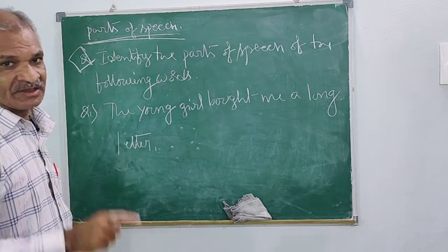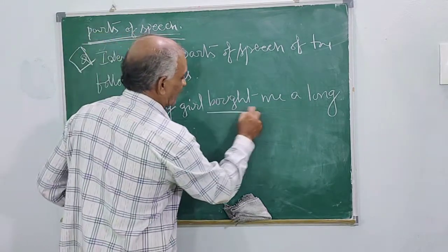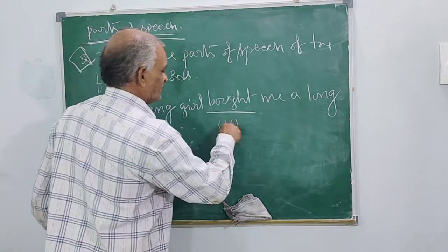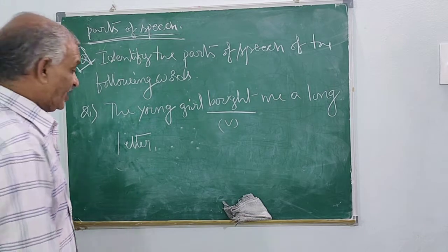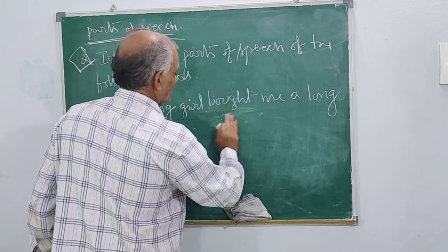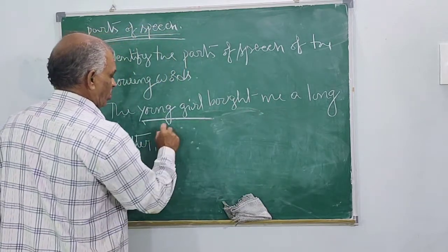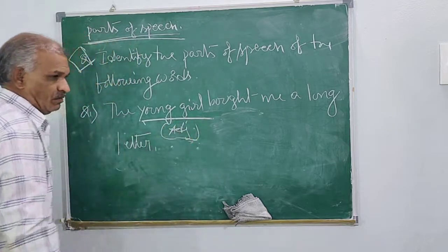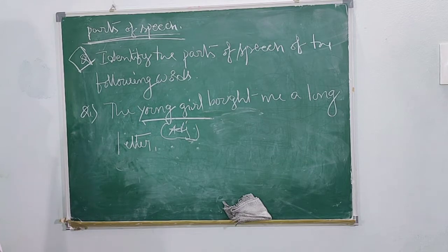Suppose, just need not be confused. Suppose if I underline this one, you have to mark this is a verb. If instead of underlining that, I underline this, this is the adjective.